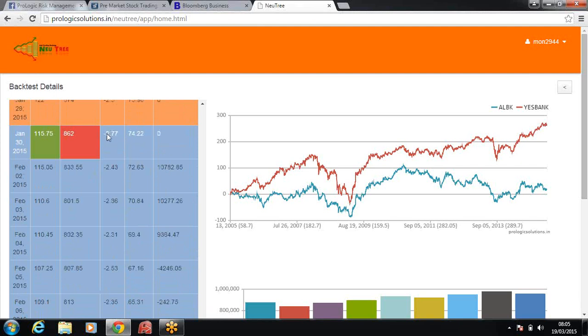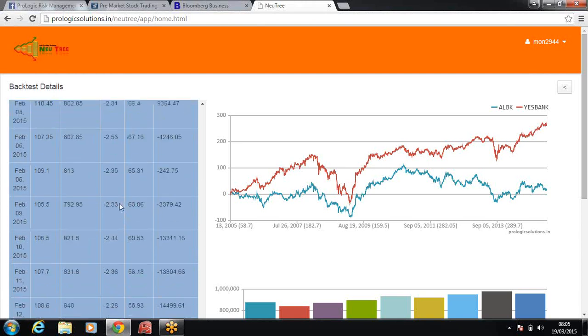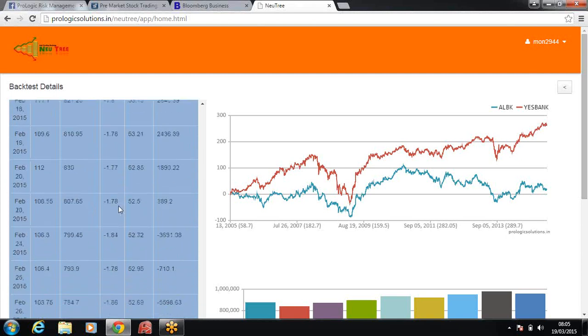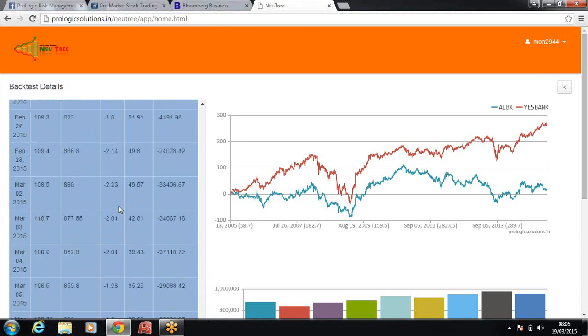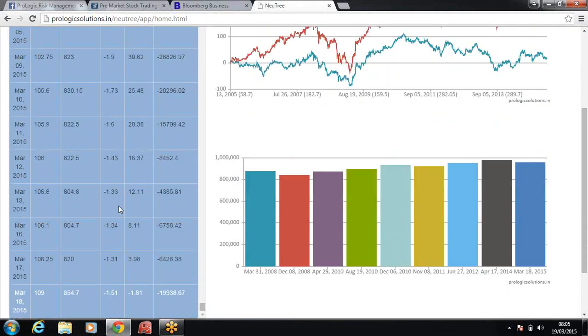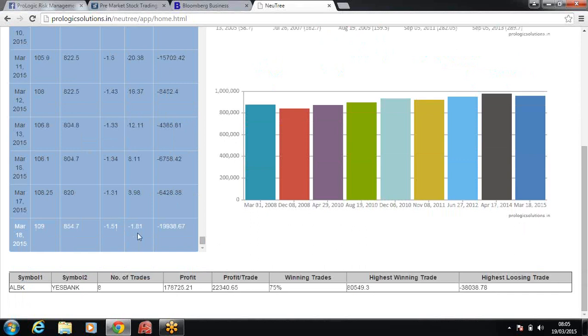So here the call, what we did is Federal Bank we have bought, Yes Bank we have short. 2.7, the next day it is 2.4 and 10,000 rupees profit, 2.36, 2.31, and then it increased. So overall it's around 19,000 rupees loss.